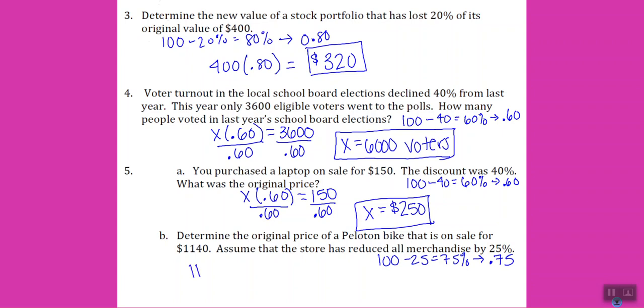So we want to find the original price, which was changed by a factor of 0.75, comes out to equal 1140. Divide both sides by 0.75. And we get that the bike was originally $1,520.